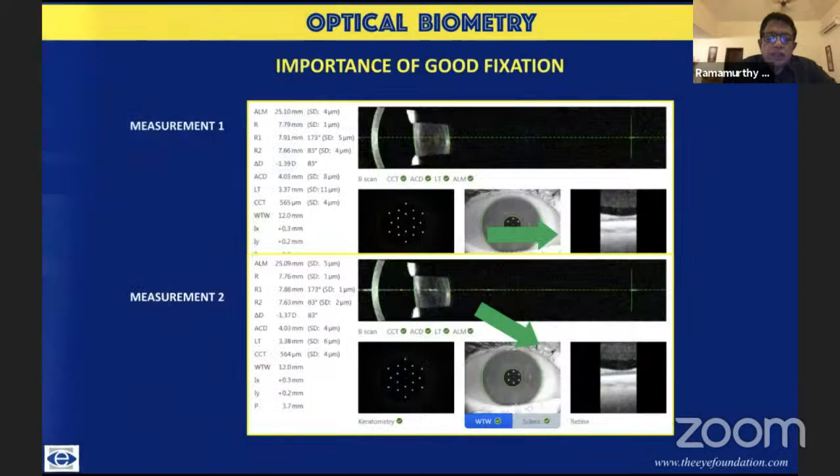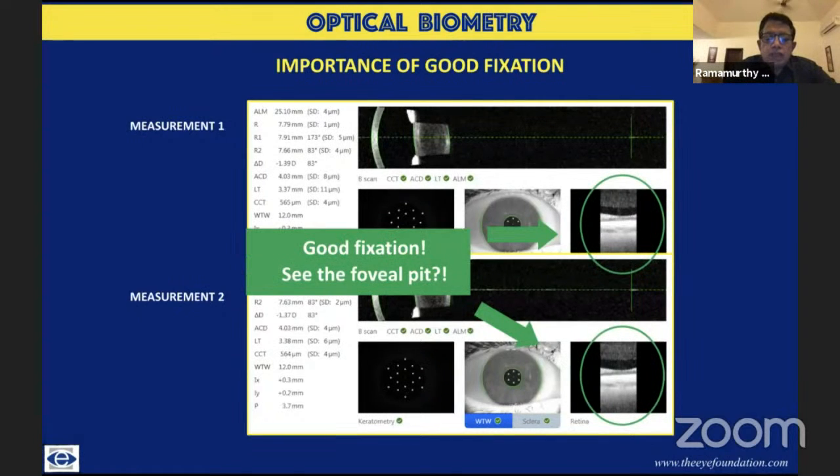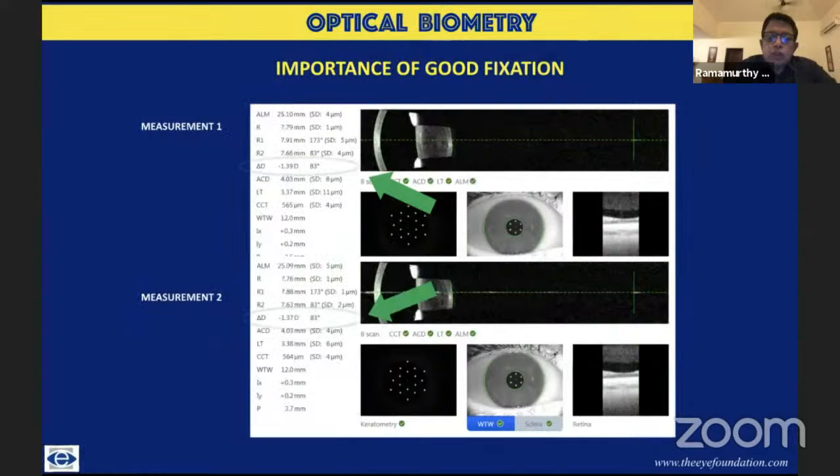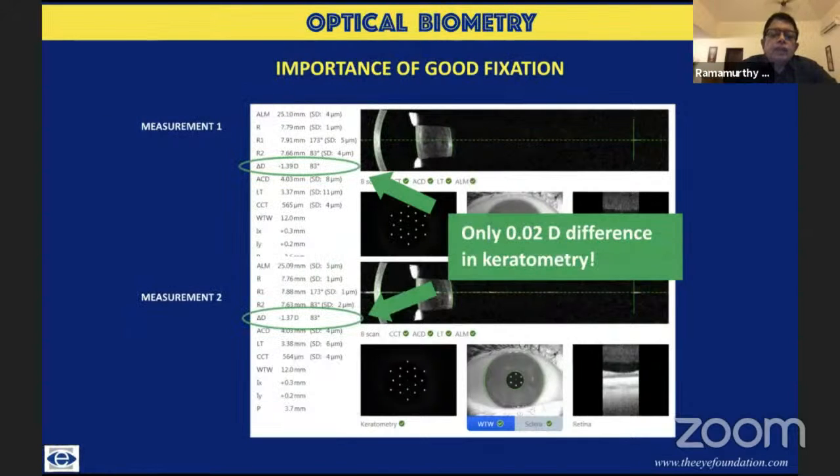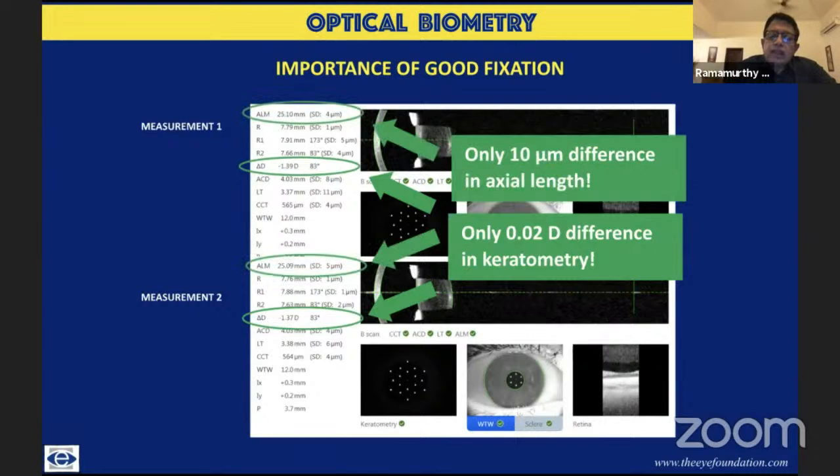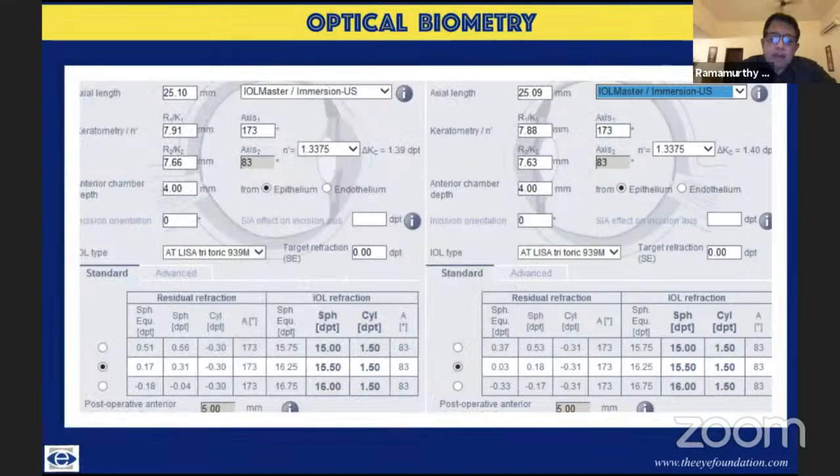Just to illustrate this point with a couple of examples, you see two measurements which are both being taken at the foveal pit, exactly where it should ideally be done. So this translates into just 0.02 diopters of difference in the keratometry. And as far as the axial length is concerned, again, it's just about a 10 micron difference.